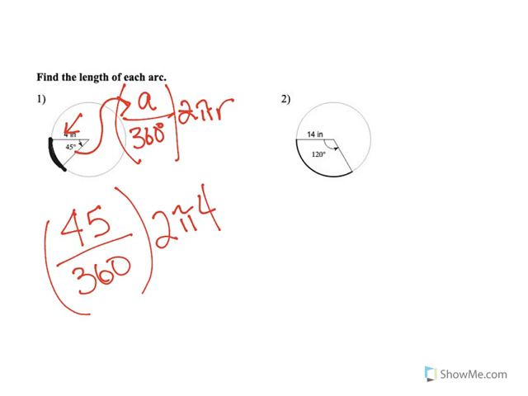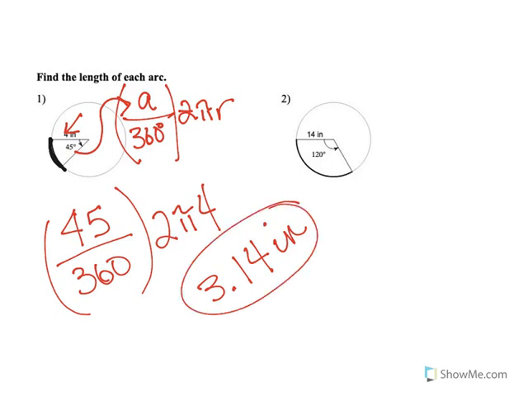If you hit that, you get the actual pi symbol in your calculator, if you're using a school calculator. If you are using your phone or something, I'm not sure what you would get. And then a 4. So again, in our calculator, we've got parentheses 45 divided by 360, parentheses 2 pi 4. Hit enter, and we get 3.14. So the length of the arc is 3.14 inches, and that's your answer.